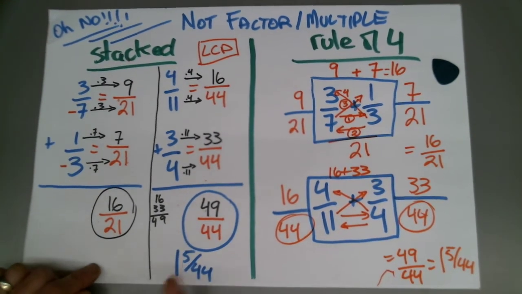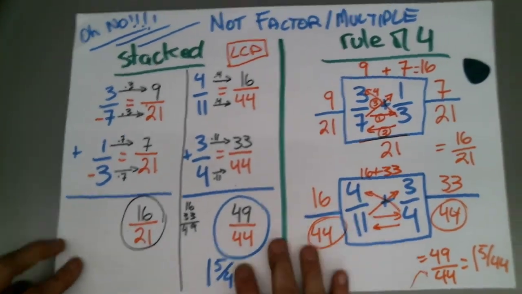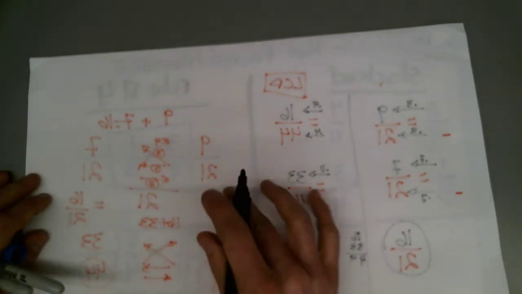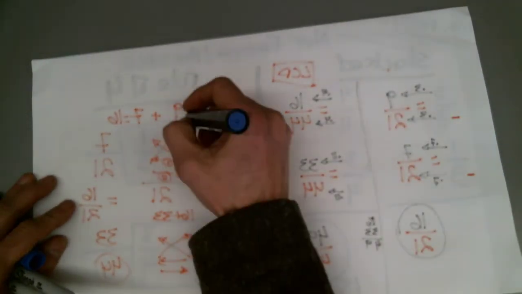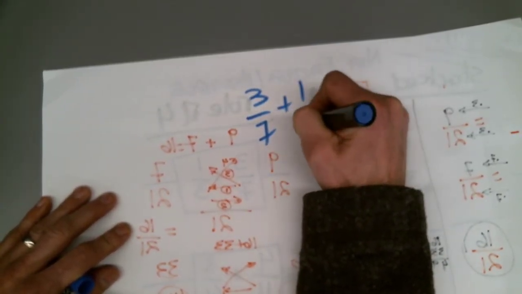Rule of 4, stacked. You choose which one you want to do. Just so you know, as a quick side note, you can also, well, that's going to be weird. Let's do the same one. So what was that? 3 over 7 and 1 over 3. 3 over 7 plus 1 over 3.